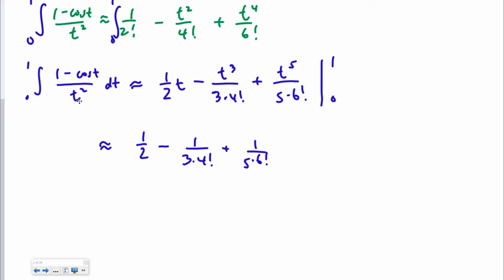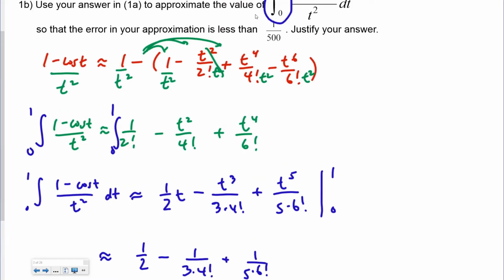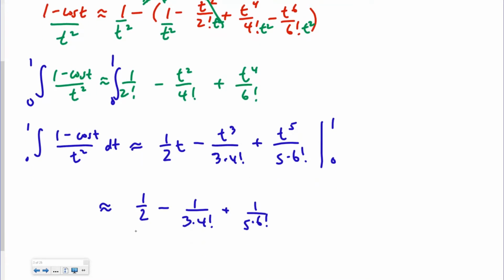Okay? And what's the question? It says, use your answer in 1a to approximate the value of this. So I've approximated this value. And show that my approximation is less than 1 over 500. Okay, so if I call this the approximation, then this right here is the actual value.